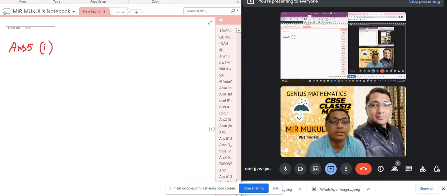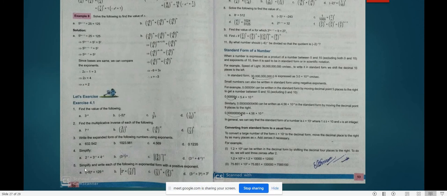First question, so question number 5. Simplify and write each of the following in exponential form with a positive exponent. Just check the question properly. What is the question?